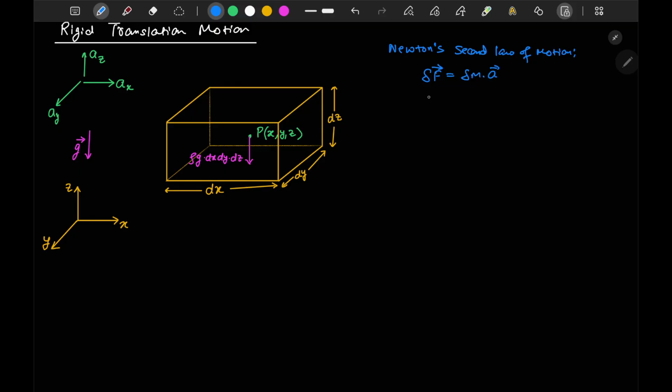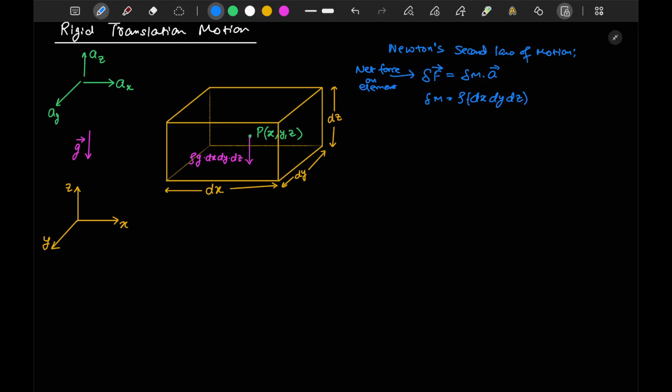Now delta m, as I mentioned earlier, is equal to density times volume, and volume is dx times dy times dz. This is your dm, and this delta F is the net force acting on the element.